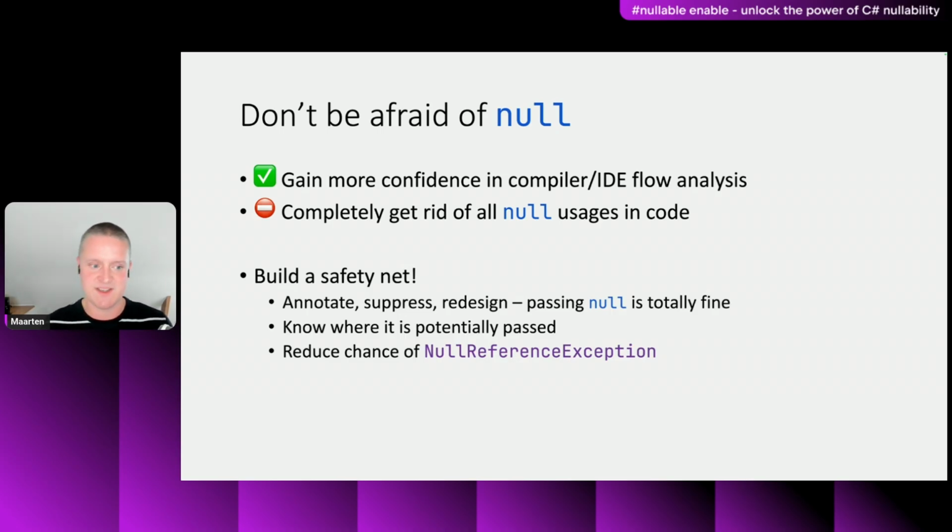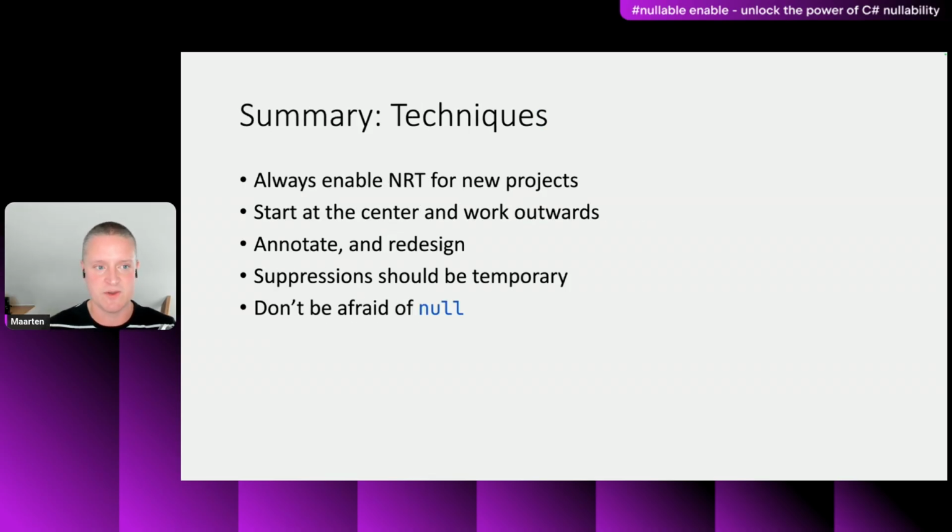Have your developers and yourself know that some things can be null, and some things are almost or fully guaranteed to never be null, because it helps in writing code, and you're reducing the chance of unexpected null reference exceptions. If there's an unexpected one, that's fine, but at least with annotations, you will know when to expect a potential null reference exception if you are building your code.